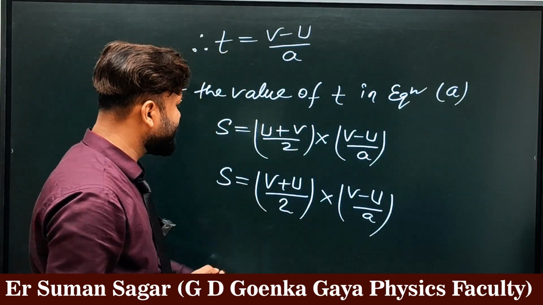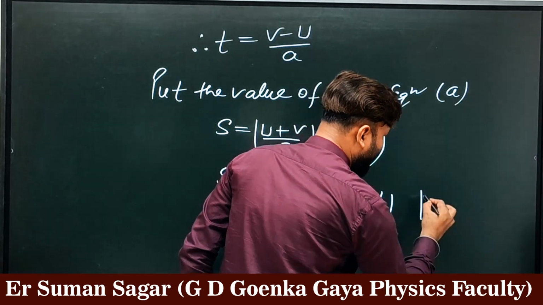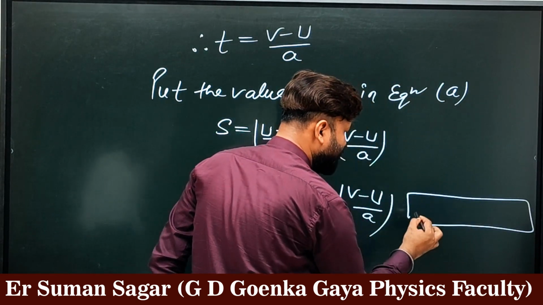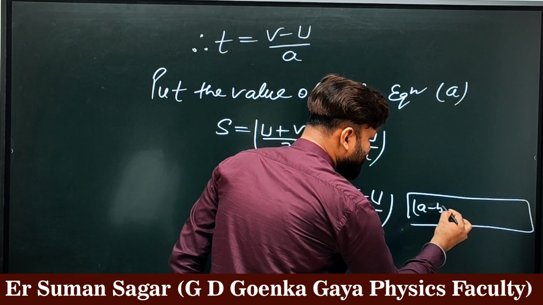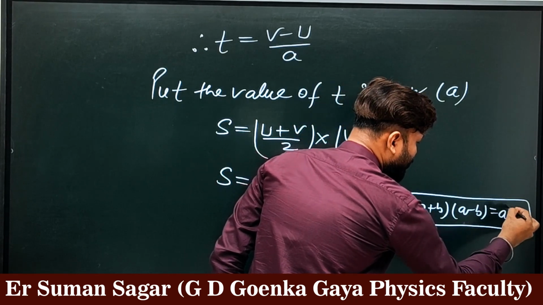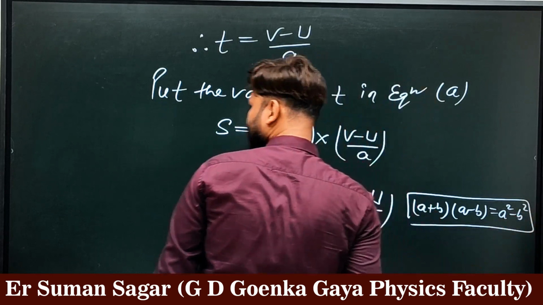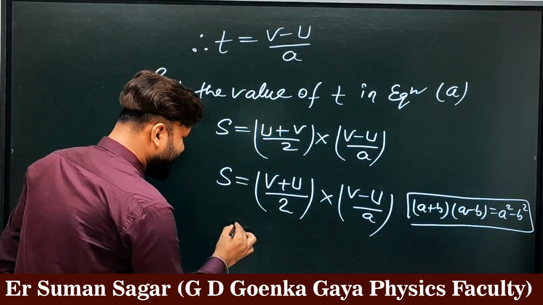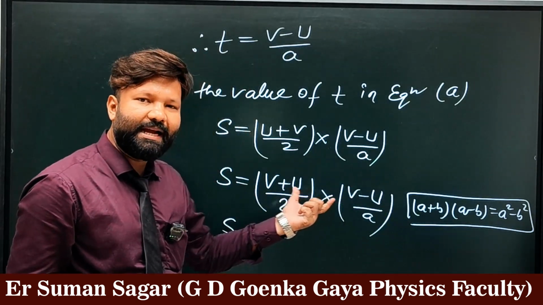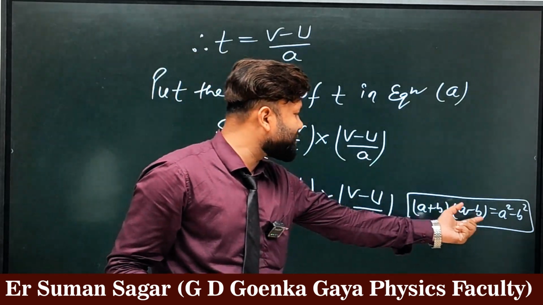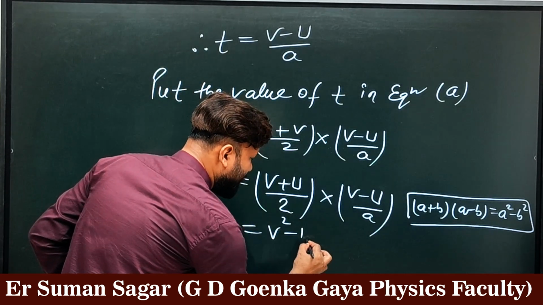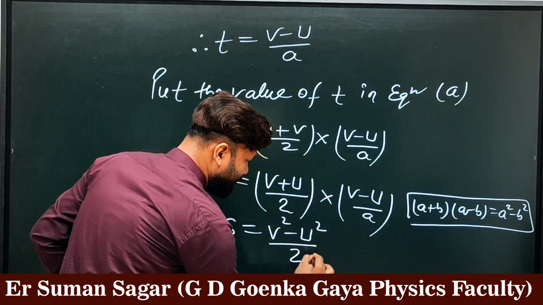So here students, we can use one algebraic formula. What is the algebraic formula we will use? (a plus b) into (a minus b) is equal to a square minus b square. So what we can do students, here v plus u, v minus u, it is in the form of a plus b and a minus b. So v square minus u square we can say. So here it will be (v square minus u square) by 2.